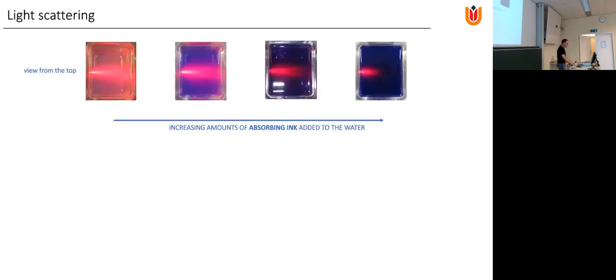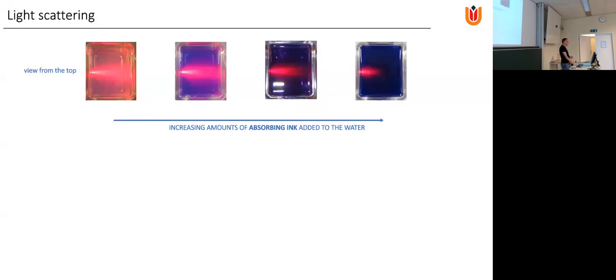So let's go. This was the image that I started out with, so kind of an experiment of what would happen if you put an absorbing substance in a cuvette and you shine light through it. You would see that if you increase the amount of absorption, then the distribution of light changes a little bit. It gets less, of course.